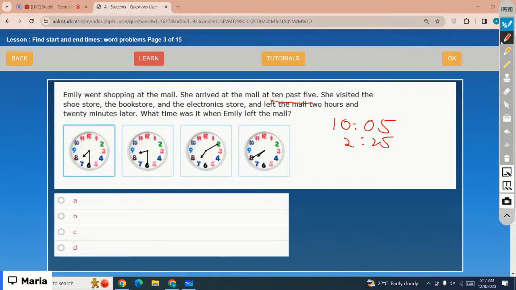No, 10 past 5, sorry. 10 past 5. That means she arrived at 5:10, right? And then she stayed there for 2 hours and 25 minutes. So, which is the time she left?